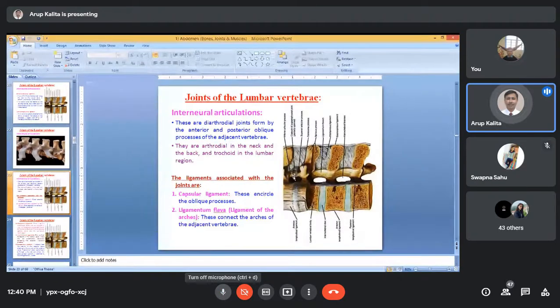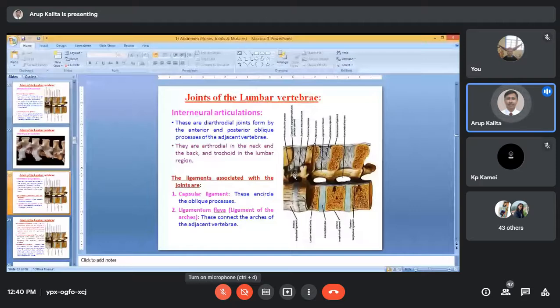It is encircled by a white colored structure, which is the ligament. That ligament is the capsular ligament. So the capsular ligament encircles the articular or oblique processes.